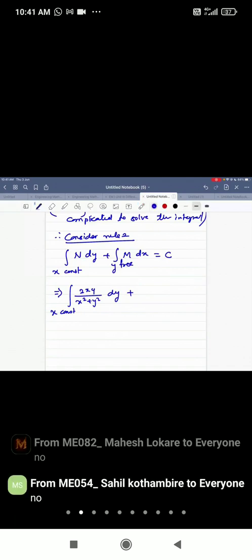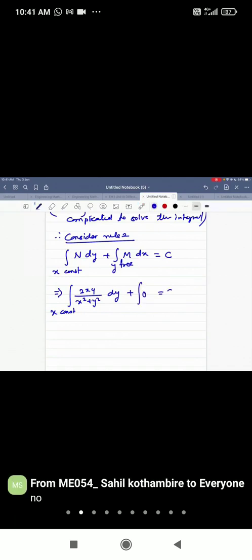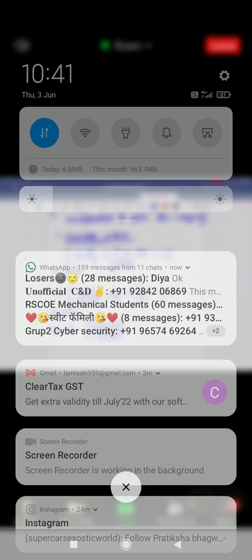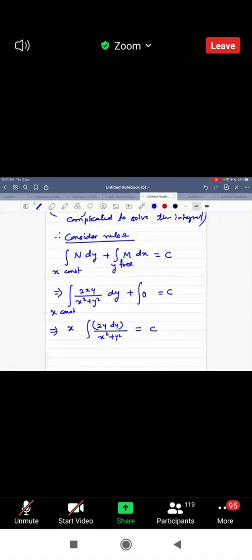So what I'll get? I'll get 0 equal to c. Now here x is constant, so I'll take x outside. Actually 2 is also constant, but purposely I have kept it inside. Somebody will answer why I have kept it inside purposely. Can you answer? It is the derivative, ma'am. It is the derivative of the denominator.